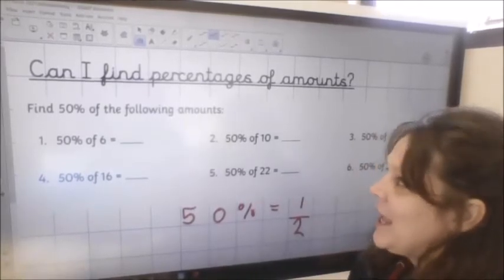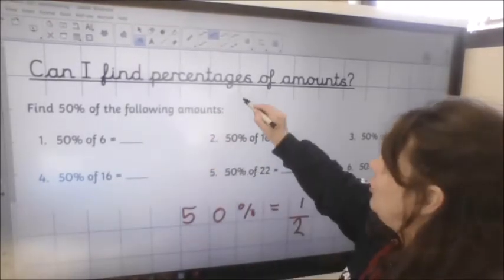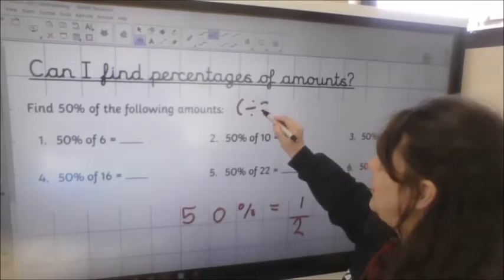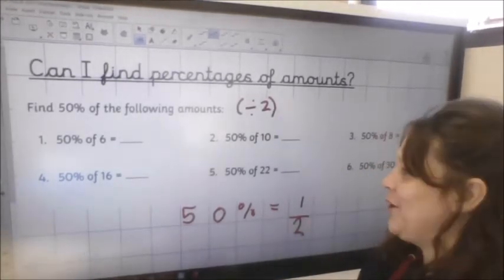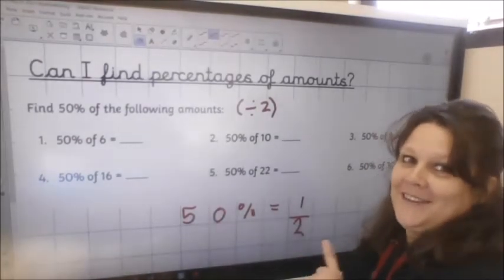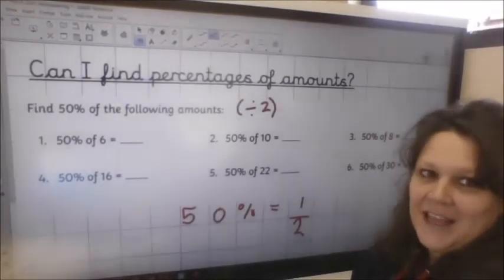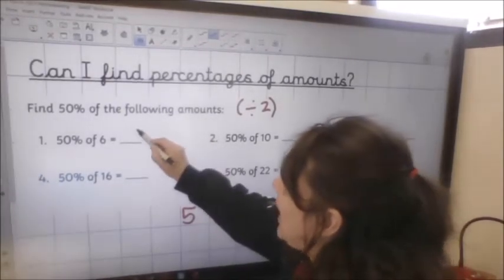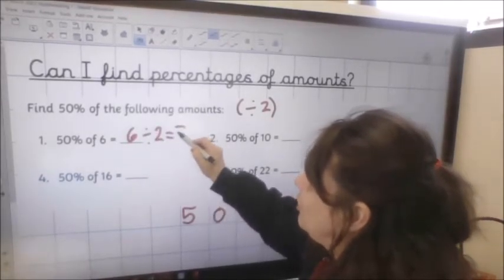If you're trying to find out 50% of anything, you simply have to divide by 2. You halve it. I'm only going to show you one example today because these are easy. 50% of 6 equals 6 divided by 2, which equals 3.